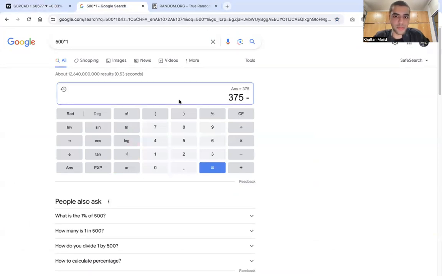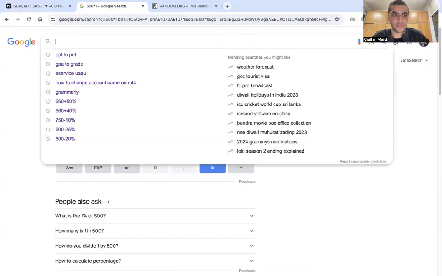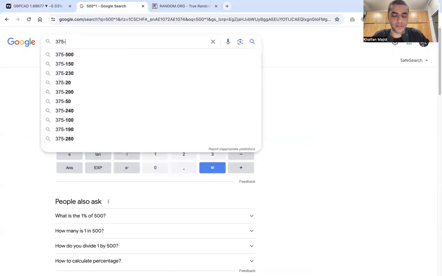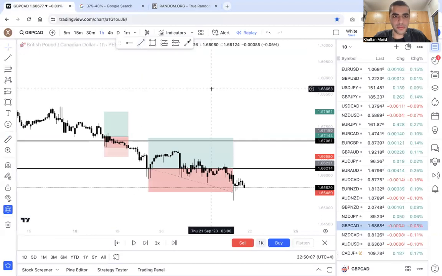Let's say we almost blew the account here, and that's the reality. 375, negative 40%. Yeah, we have 225 in the account.